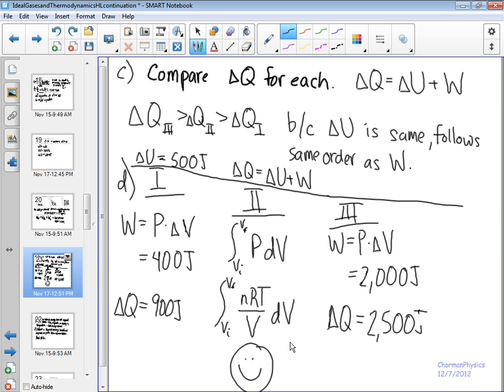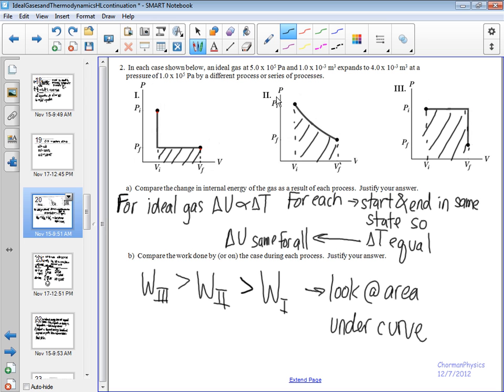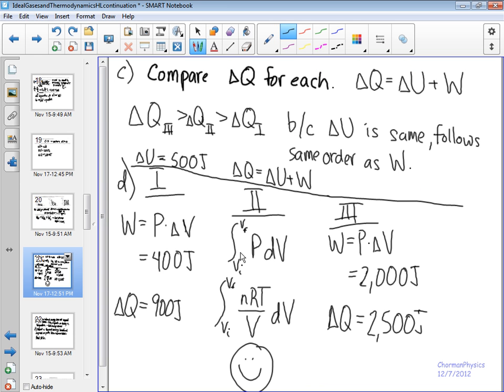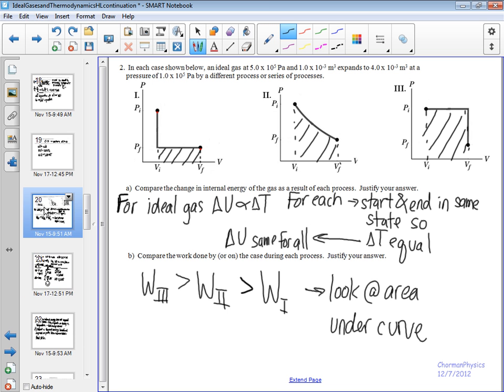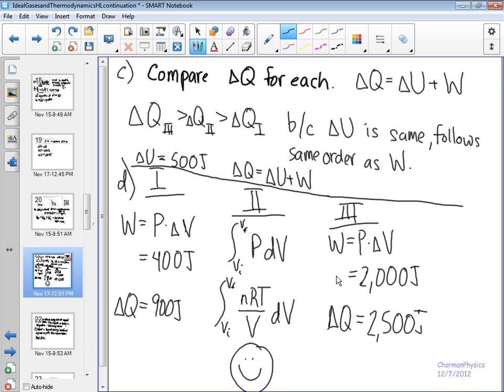The other situation we can do this at is going to be the integral, this case here, to calculate the work. We need a little bit more information. We need the temperature at which this happens. If the temperature doesn't change, it looks like it might be an isothermal process, actually. And then we could figure that out there. I'm not going to do that right now.